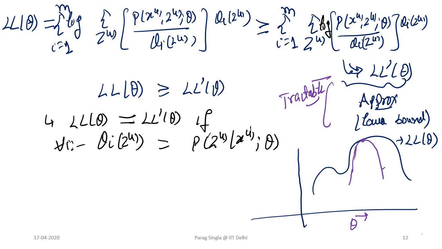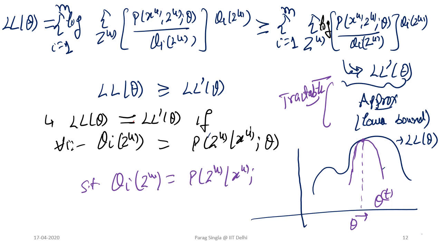But not only that, what we have been able to do is that this lower bound touches the original function LL theta at a particular theta, let's say theta t. And where does it touch? It touches exactly at the point where qi zi are these conditional distributions of zi given xi. This is LL prime theta.